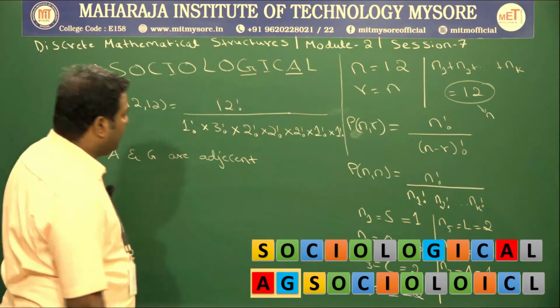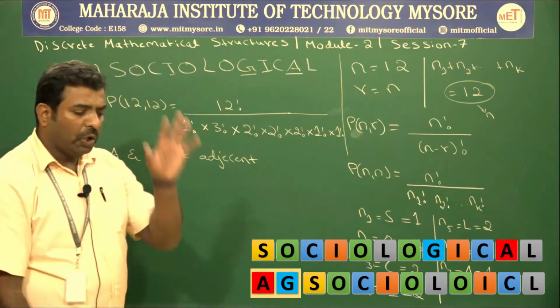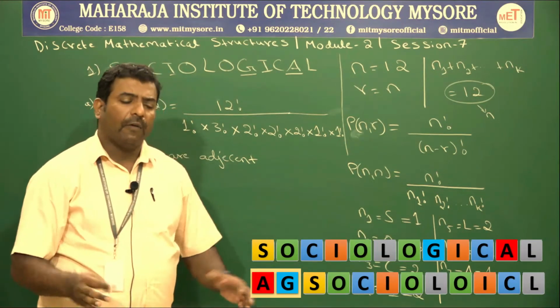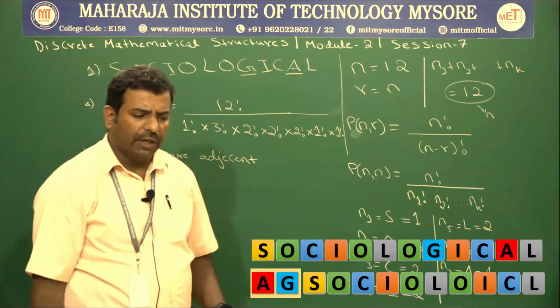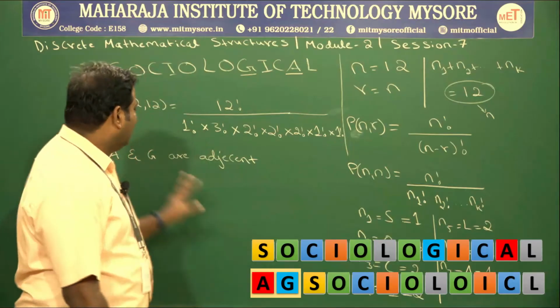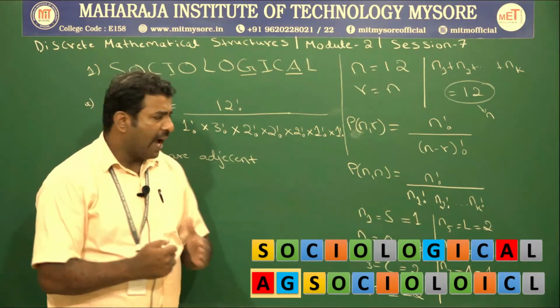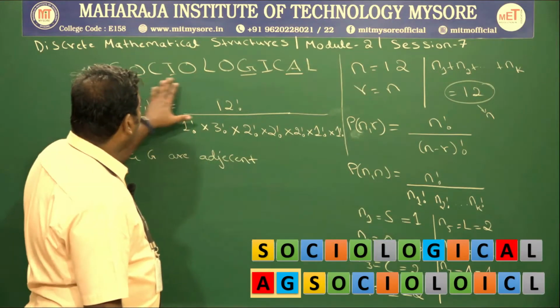So now what this means is that the arrangement you are going to consider should always make sure that G and A are adjacent. That is, either I am going to have sociological.